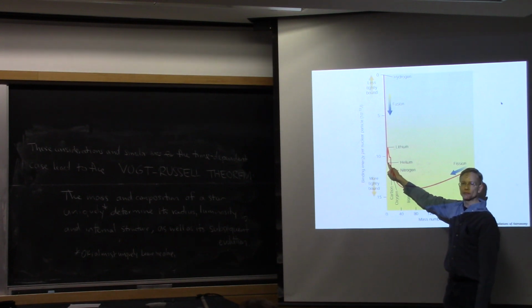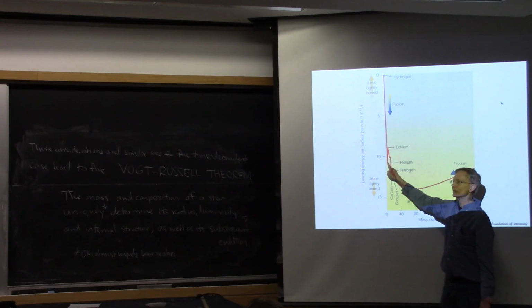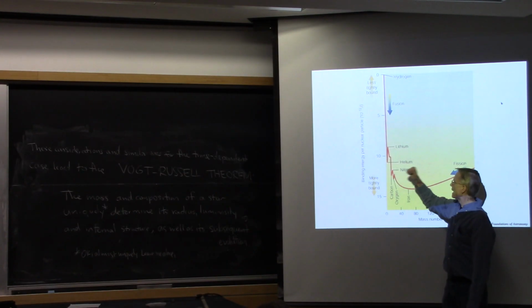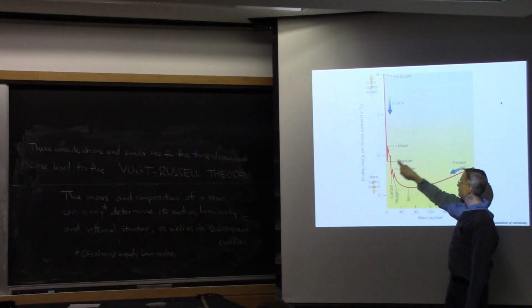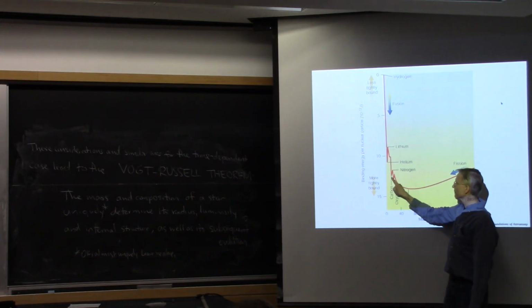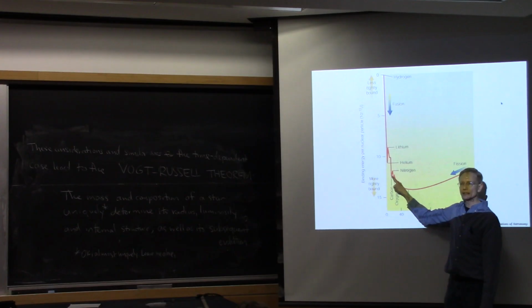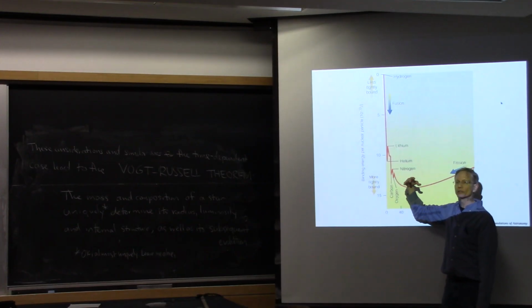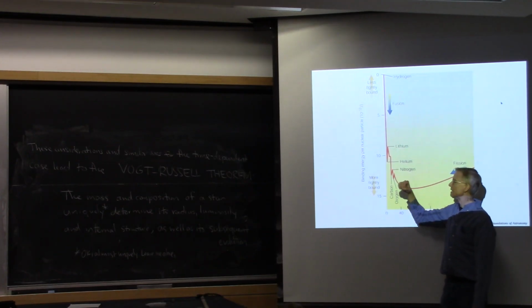If you fuse hydrogen into helium, you get about 0.7% of the mass of the original hydrogen out as energy. And similarly, if you fuse helium into carbon, the carbon nucleus has less mass than the 3 helium-4 nuclei that went into forming it. And so you get energy out as a result of that.